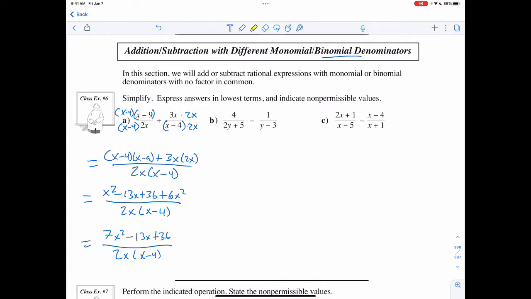So I'm going to take a look from my lowest common denominator and state that based on that, x cannot equal either 0 for the x that's outside the brackets or 4 from the binomial that's inside the brackets.